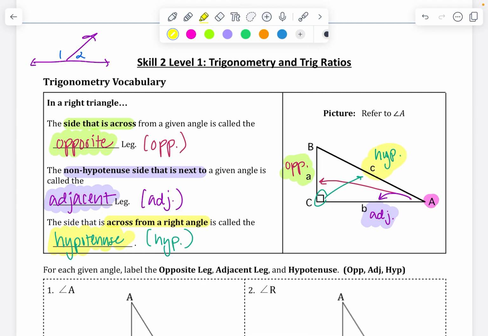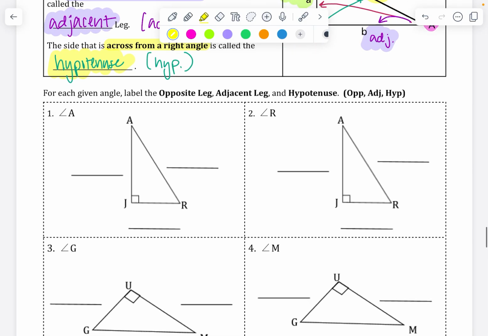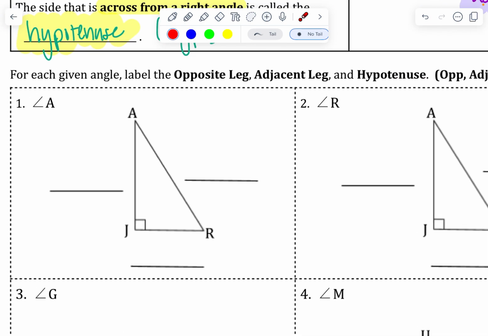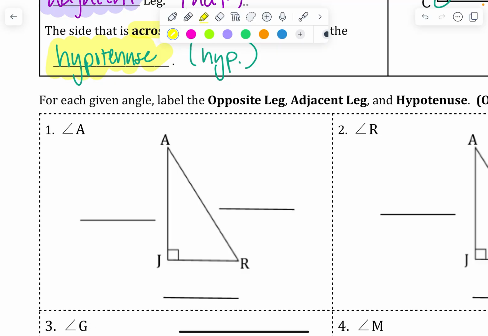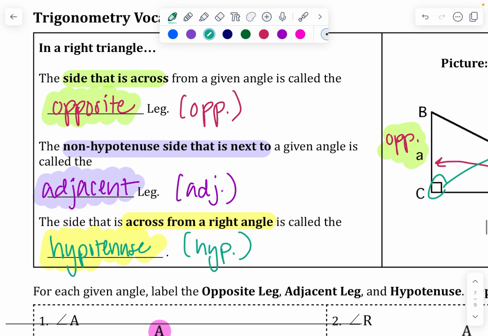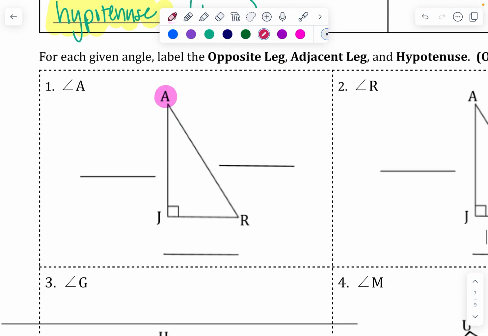So for each given angle, we have to label the opposite leg, the adjacent leg, and the hypotenuse. In other words, we're going to use the abbreviations. Let's look at example 1. It's asking us to look at angle A. Across from the given angle is the opposite side.